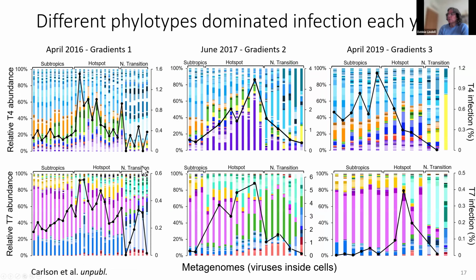And what we also found was that we have different phylotypes, particularly of the T4-like cyanophages, that are dominating in each of the years. So what I showed you previously was the distribution of gradients 2, but if we look in gradients 1, we have a different type relative to gradients 2, relative to gradients 3, suggesting that there's some sort of stochasticity at the phylotype level that doesn't exist at the subclade or clade level.